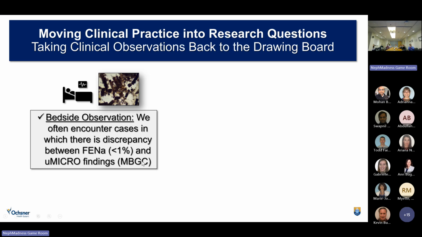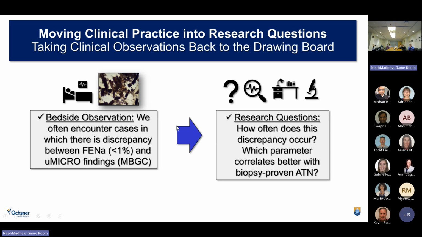We learned from Bob Schrier's seminal paper that if it's less than 1, it should be prerenal, and we were seeing urine sediments like the one in this image that didn't look like a prerenal sediment. So the question was, how often does this discrepancy occur? Is this just weird anecdotal cases that are not common? And which parameters are more associated with actual ATN on a biopsy? Those were also the questions we wanted to test.